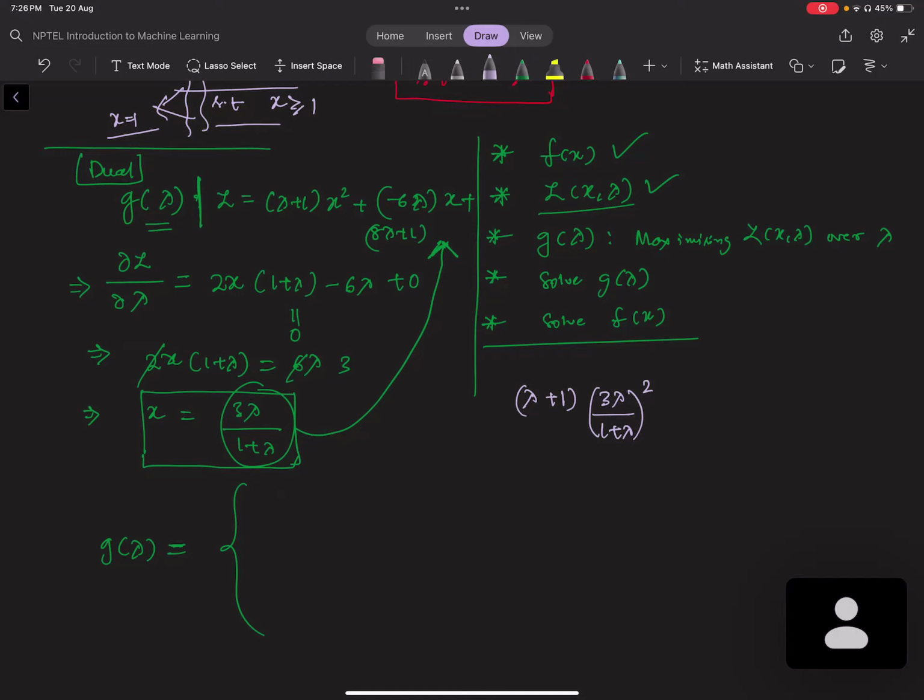G of lambda. I have to put it here. Sorry, it's too complex.